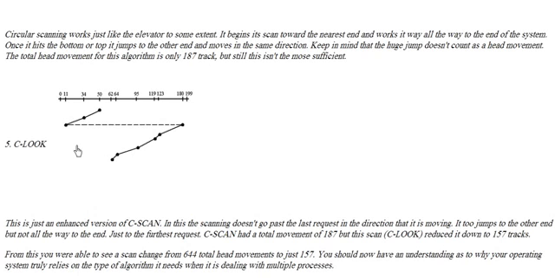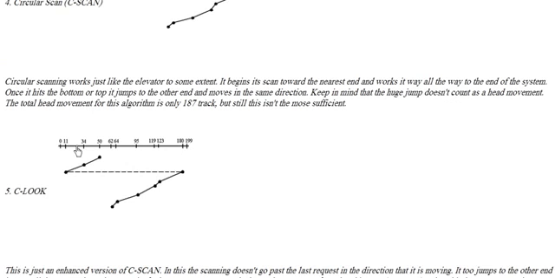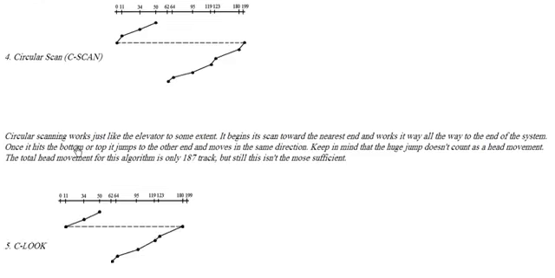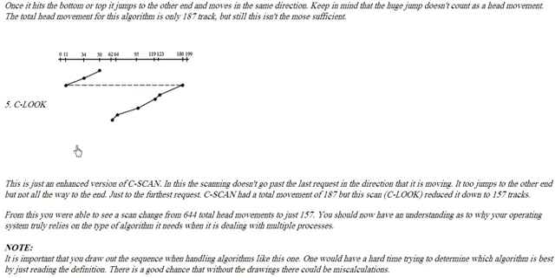In C-LOOK we have a different approach: we move not to the last end but to the last request. The start is 0, but here we move to 11. So this is the main difference.